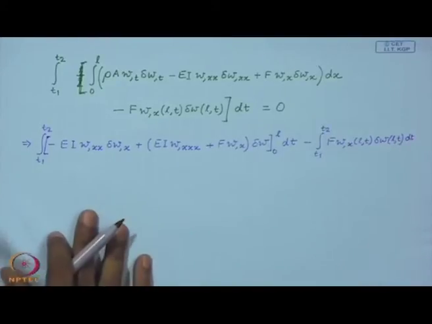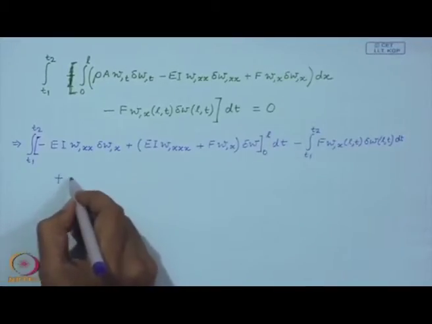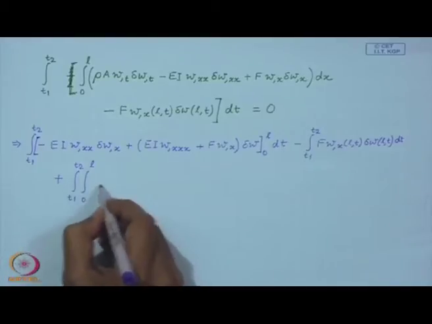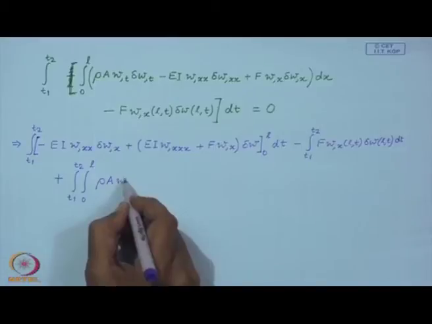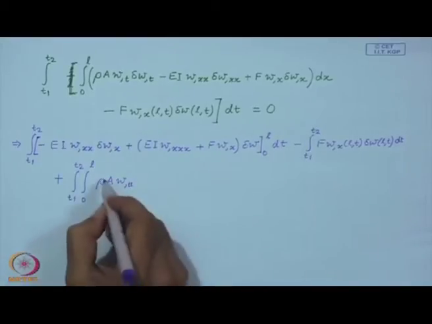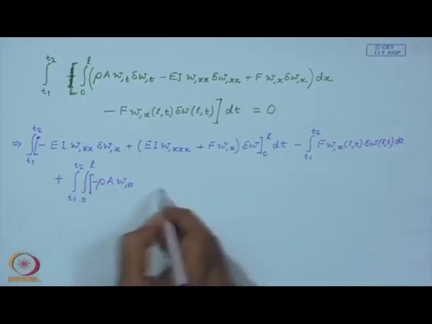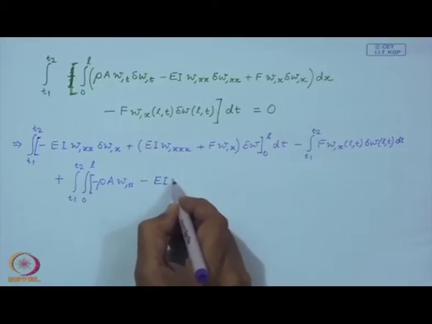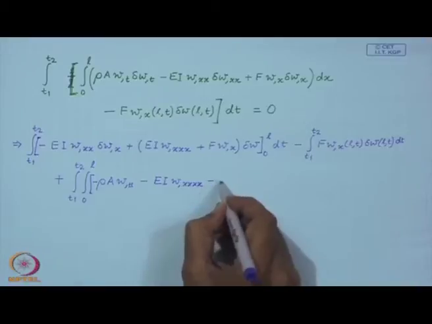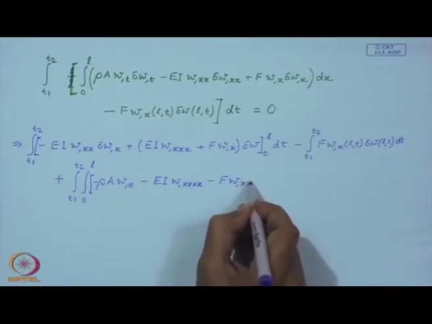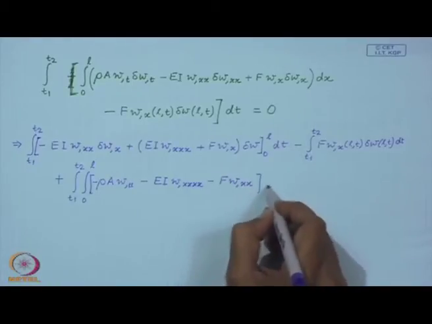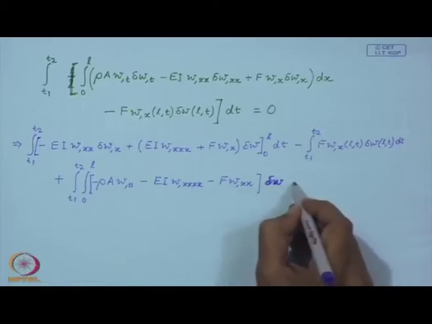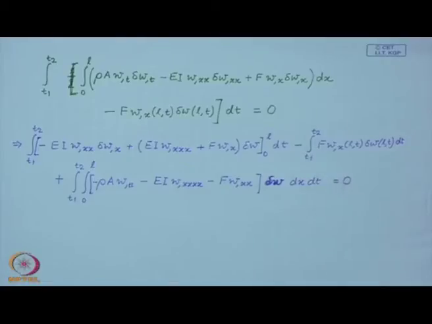And then we have this already as the boundary term, and then we have the integrand in this, with delta w taken out, and that must vanish.